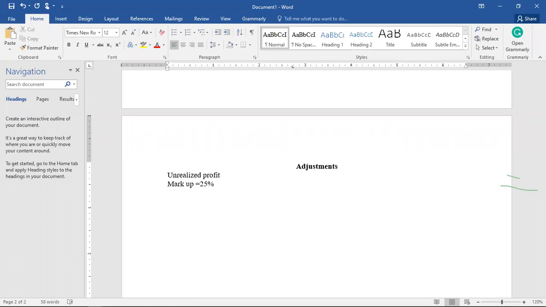You know that you cannot match markup with sales. Sales goes with margin and markup goes with cost. So you must convert the markup to margin. In converting markup to margin, it is going to be 25 divided by 125.